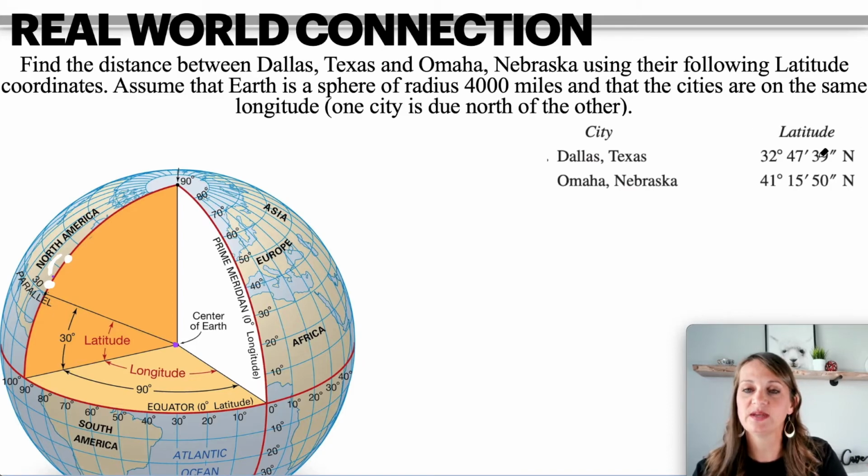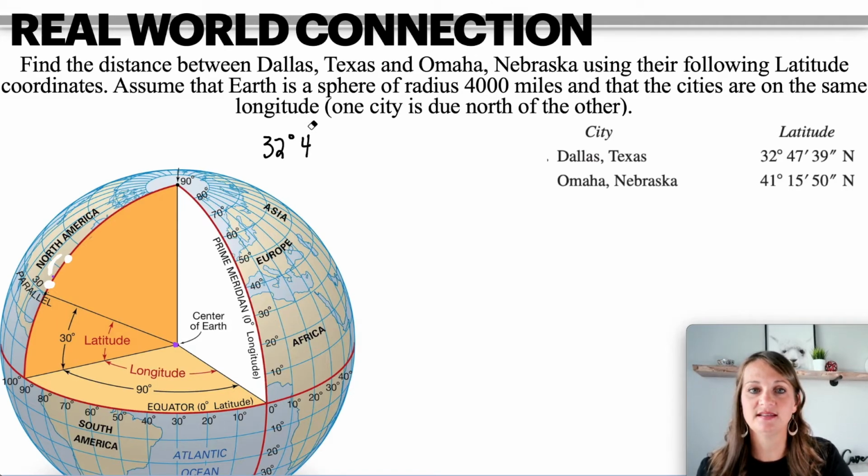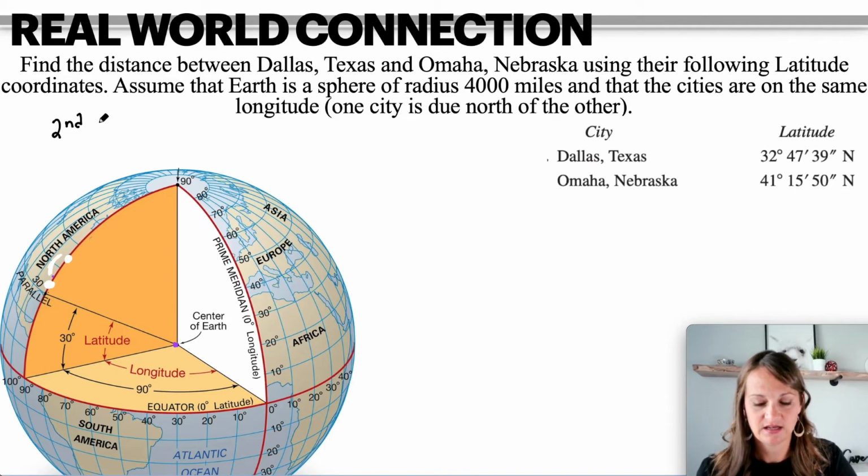So, first thing we have to do is go back and remember how to convert degrees, minutes, seconds into a decimal. If you remember how to do that in the calculator, you're going to enter 32 degrees. If you hit second, apps, that's taking you into the angle function.